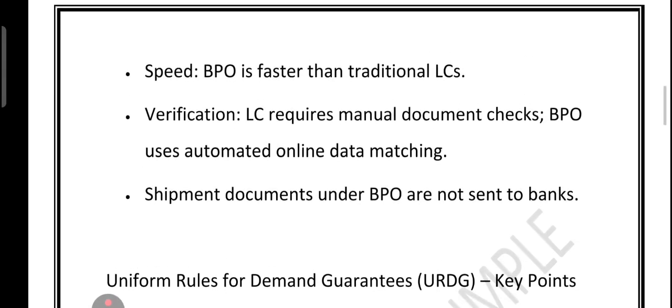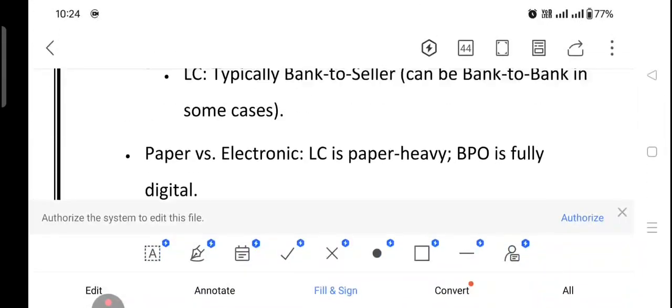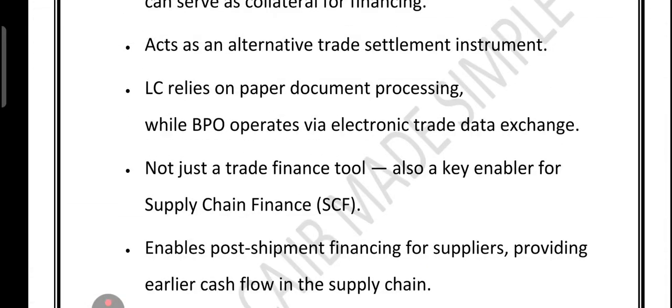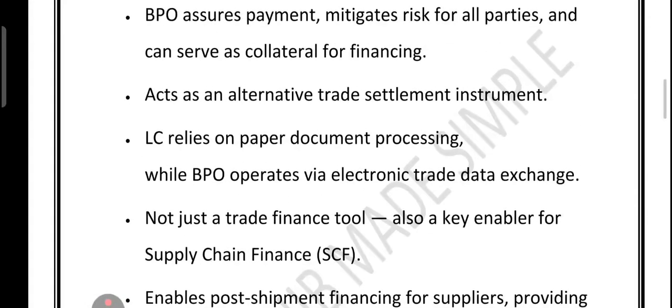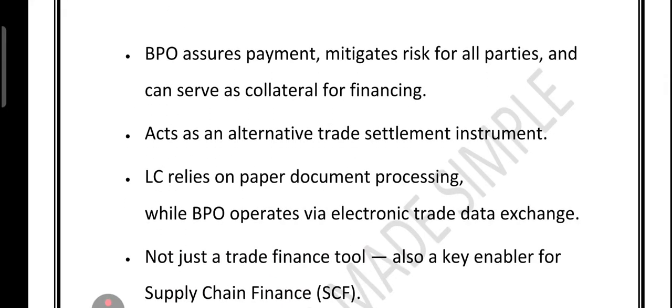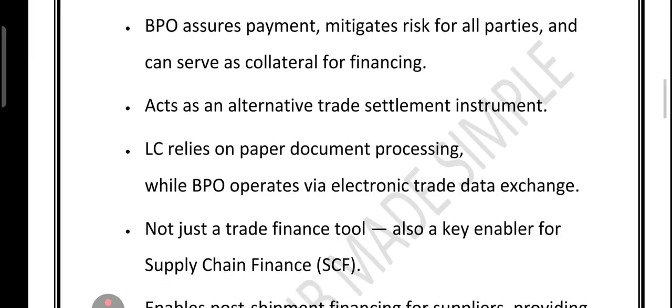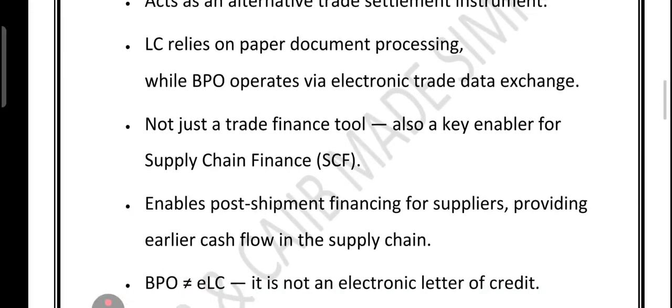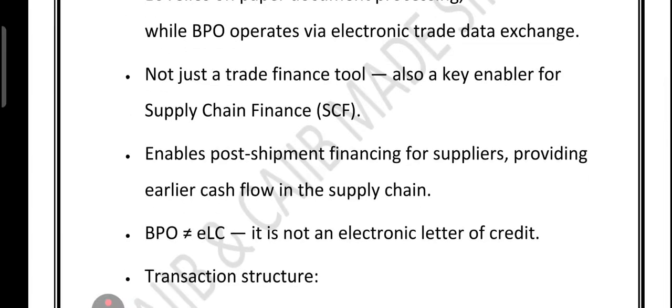So let's quickly revise the key points which we have covered so far. So we started with BPO. BPO assured payment reduces the risk and can be collateral. Fully digital, no paper document in the BPO. Right, BPO drives supply chain finance. It enables early payment for the supplier. BPO is not the same as electronic LC. Structure wise, BPO means bank to bank, LC means bank to seller mostly.